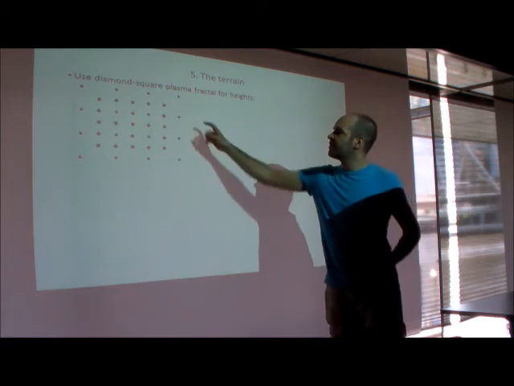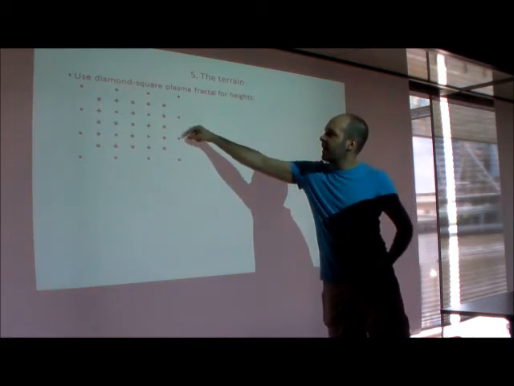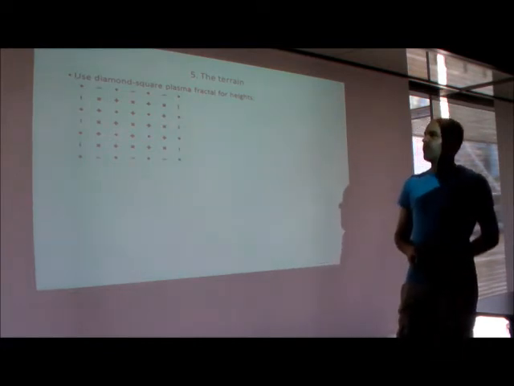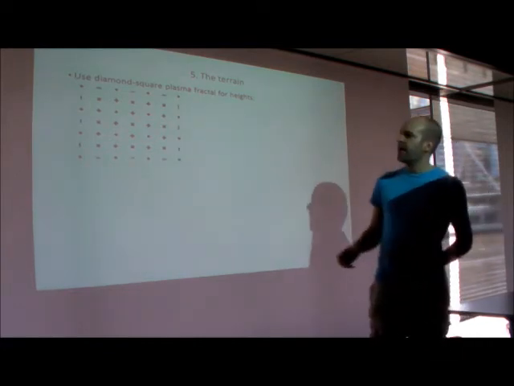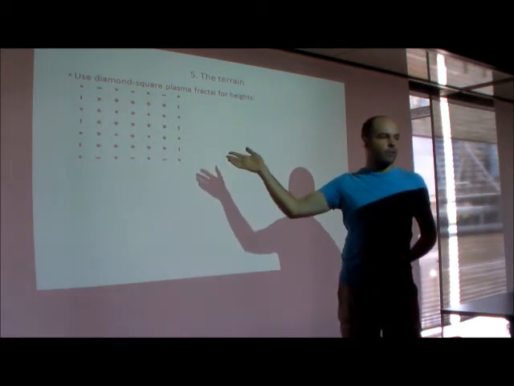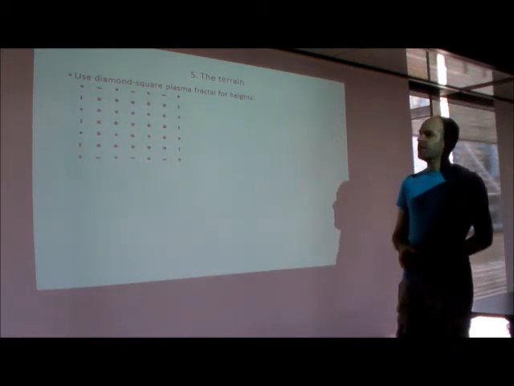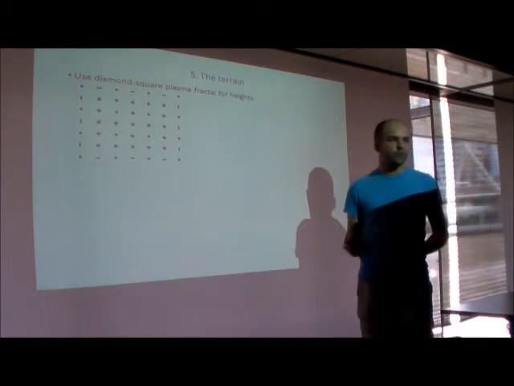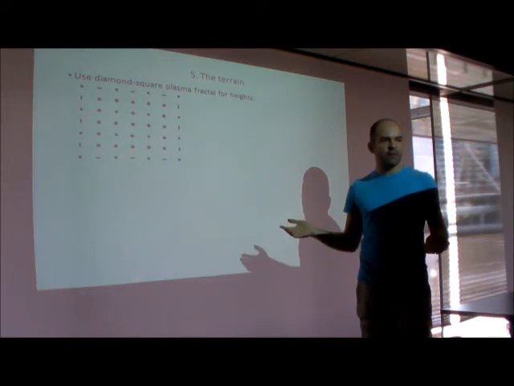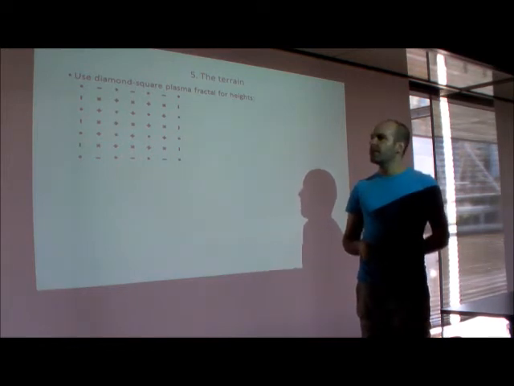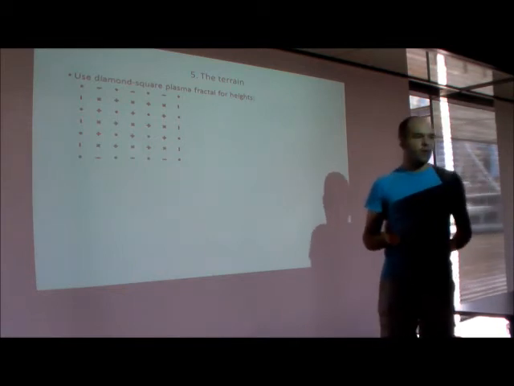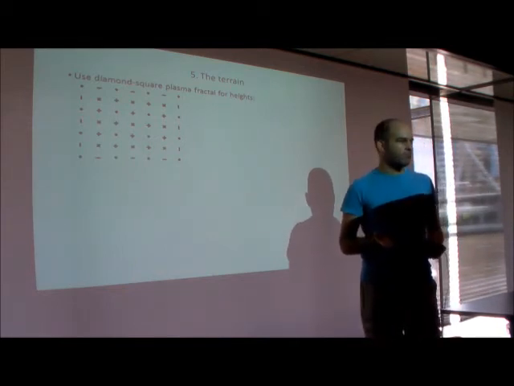A good way to do it is just take 2 points, average those 2 points, and then add an offset. So there we've got all the edge cases covered. Now we have a grid which is twice the resolution that we had before. We just repeat the process, and then you get 4 times the resolution, etc., etc. You can make it as detailed as you like. So that gives you a height field, which is kind of halfway there.